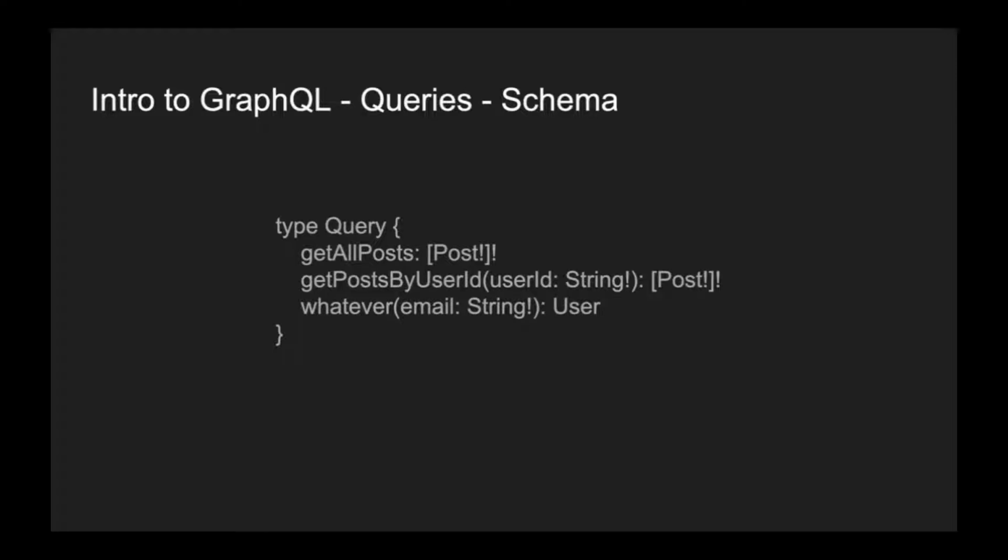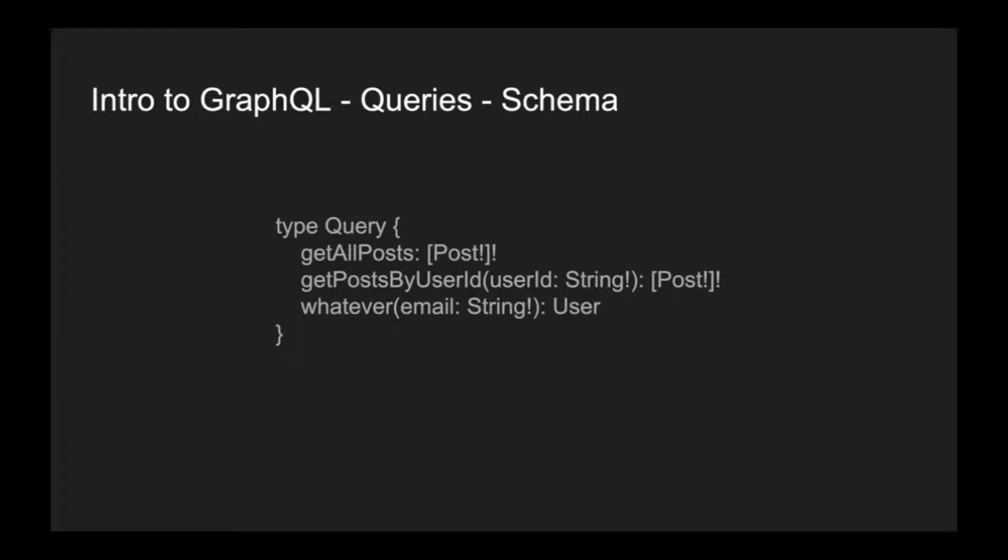So I have an example of a type query. Inside of this query is where I'm defining all the queries that a user could perform on my API. I'm saying there's going to be a get all posts operation, which returns a list of posts that should never be null.